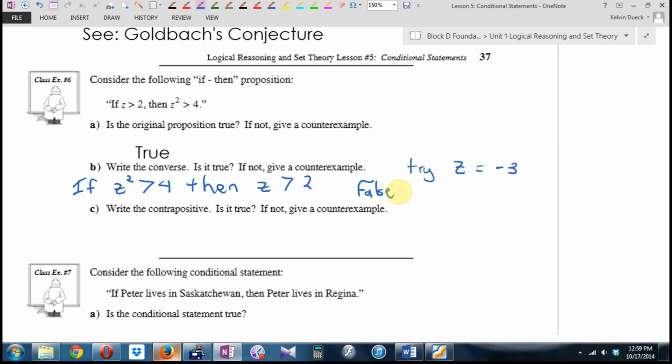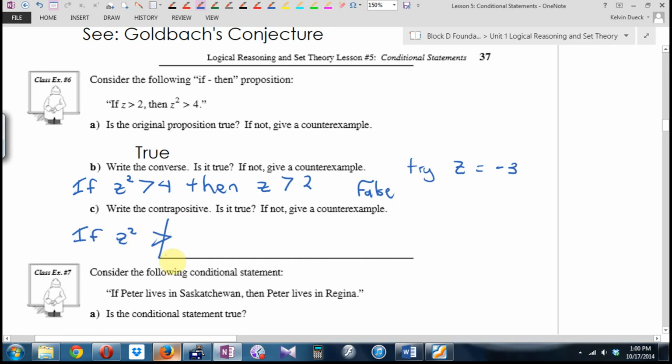Write the contrapositive. So the contrapositive is going to be the negation of the converse. What's the negation of z squared bigger than 4? If z squared is not bigger than 4, which actually means smaller than or equal to, then z is not bigger than 2.